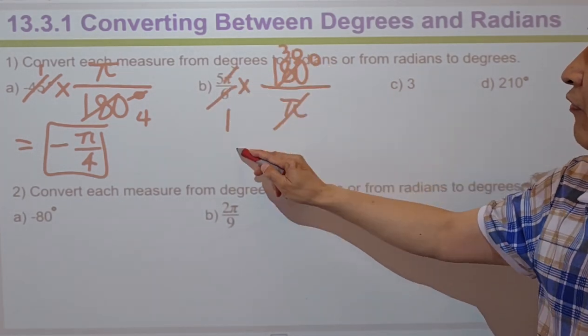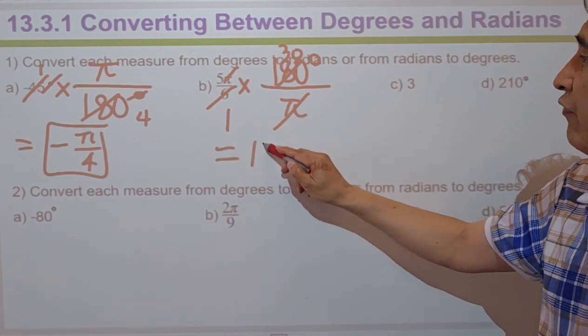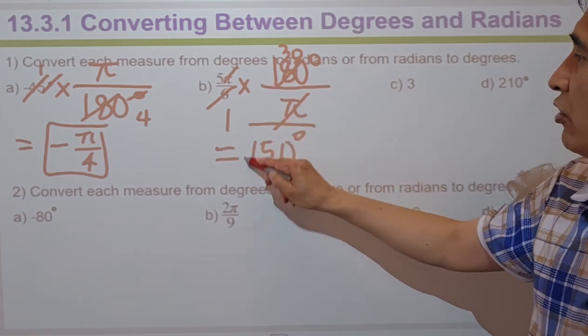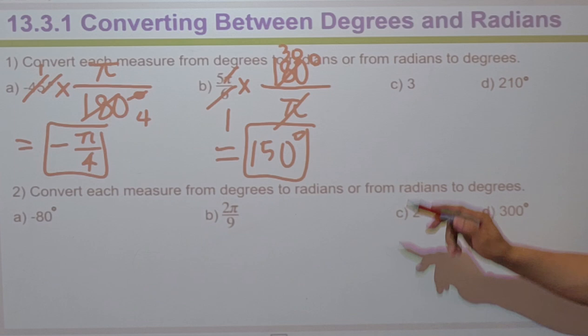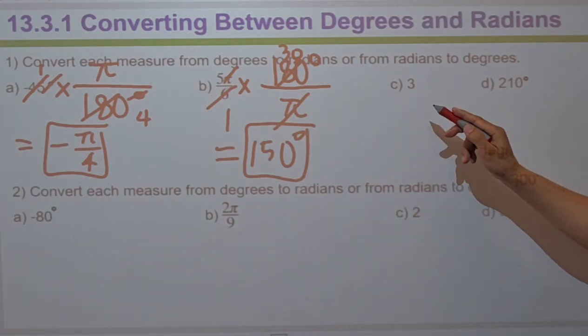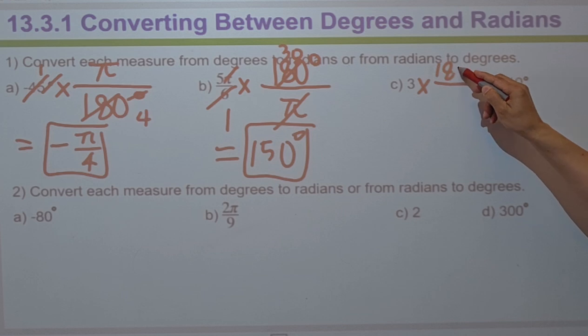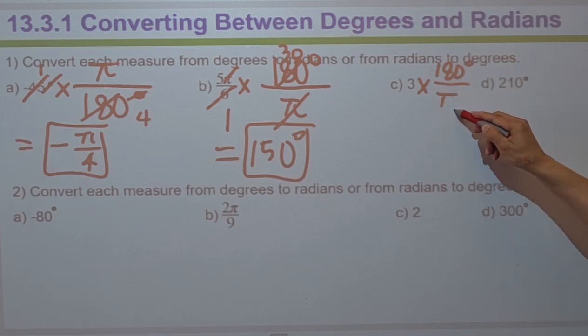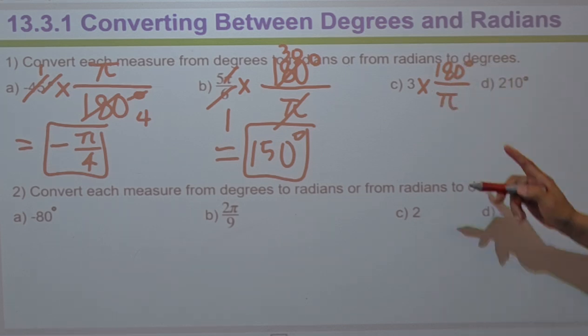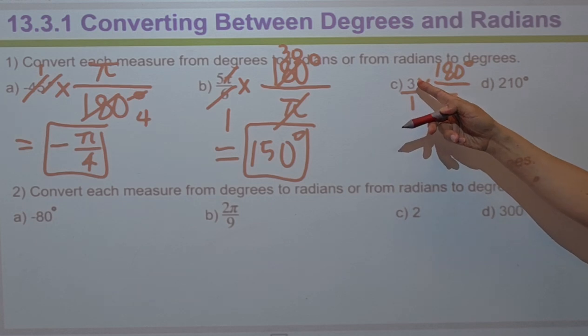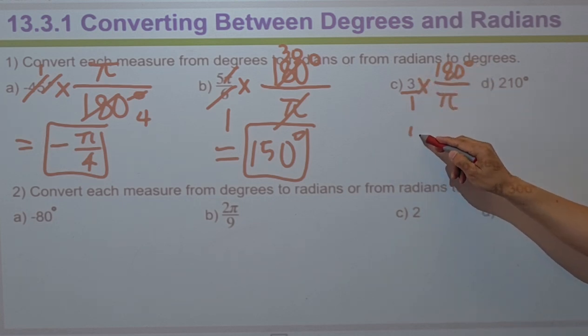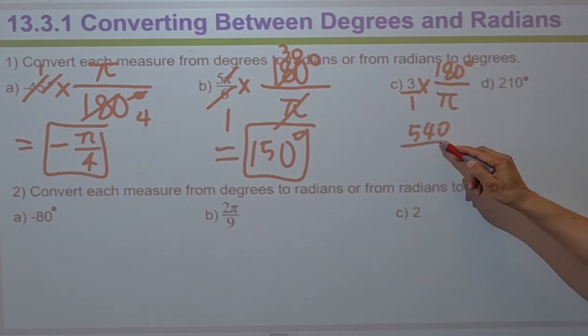So 30 times 5, that's 150 degrees. You can change it to degrees like that. This one also has no degree sign, that means it's radian. To change radian to degree, put degree on top and radian at the bottom. So you can simplify, 3 times 180, this is 540 over pi.